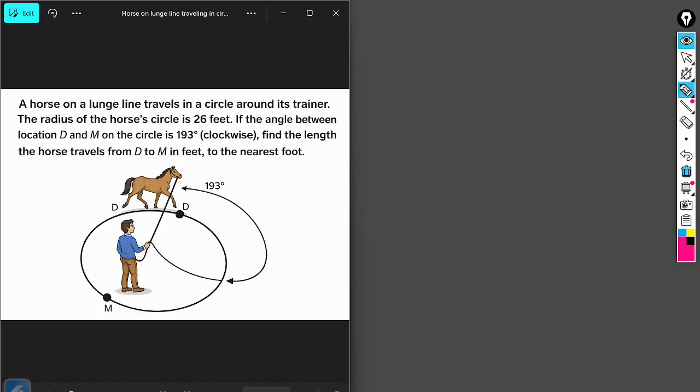So we need to start from the arc length. We can call it DM, and we can write here DM, and because this is a length, we are talking about the length of the arc.